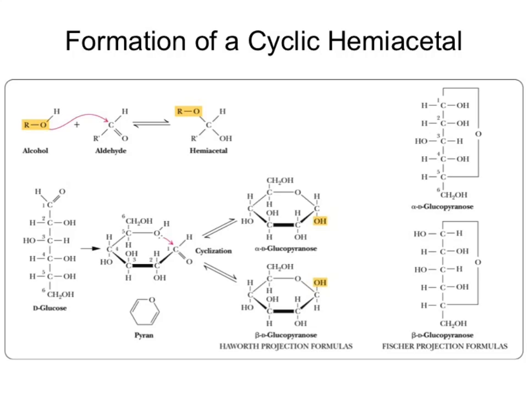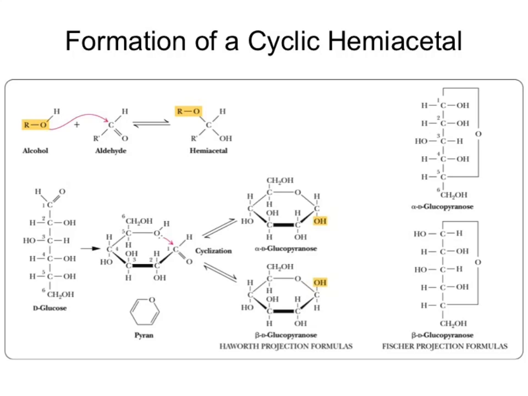If they're on opposite sides, we have the alpha. Why do we have 2 possible products? In the cyclization process, your oxygen is attacking a carbonyl carbon. It's attacking an sp2 carbon, which means that alcohol can attack from the top, in which case the OH aims down, or the alcohol attacks from the bottom, the OH aims up.